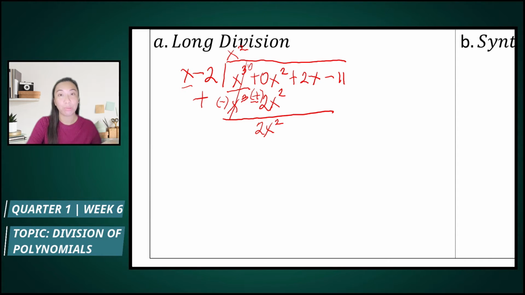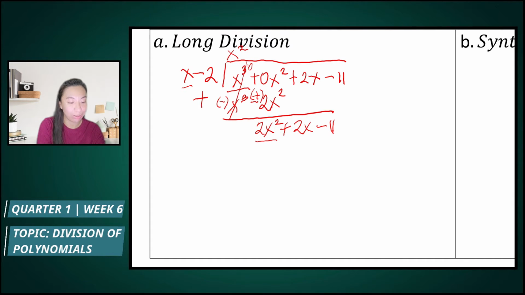After that, we will bring down the remaining terms. So we have plus 2x minus 11. Then we are going to repeat the process. We will divide the first term, which is 2x squared, by the first term of the divisor, which is x.